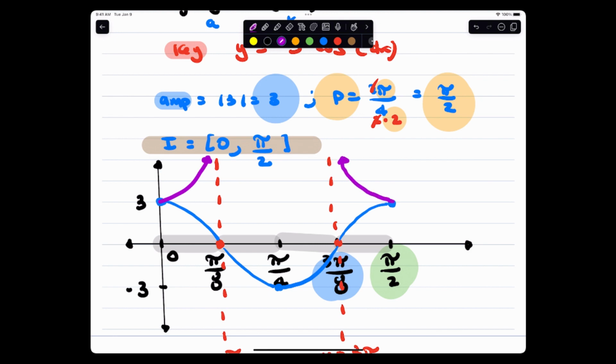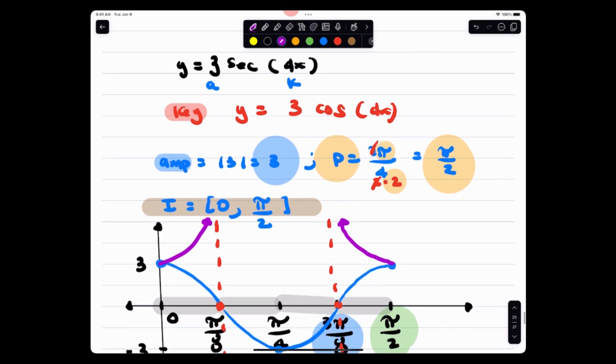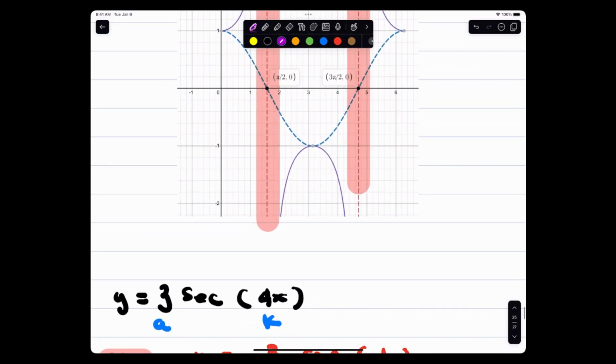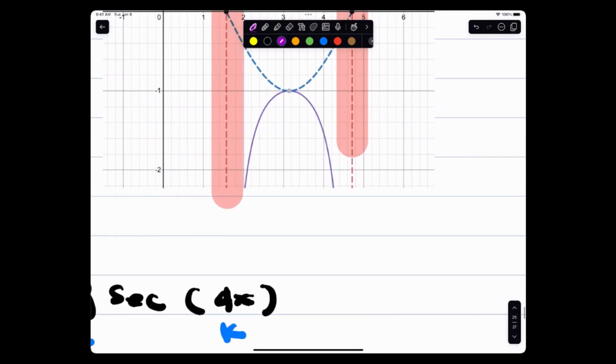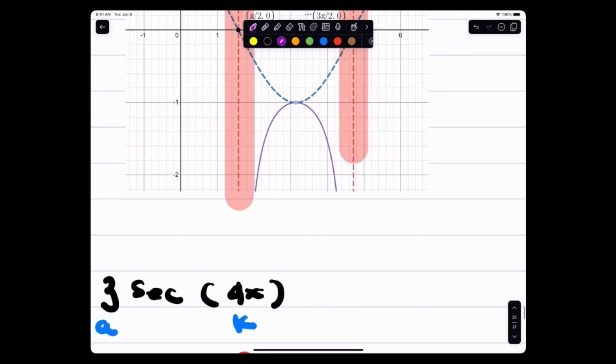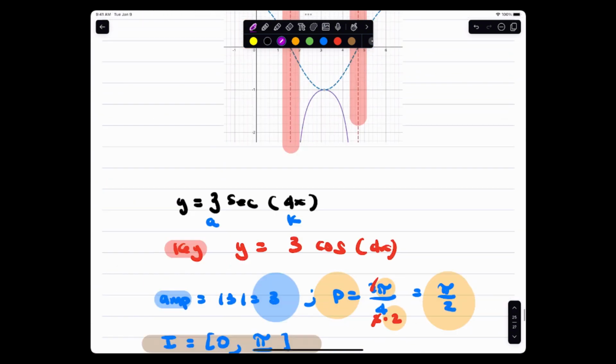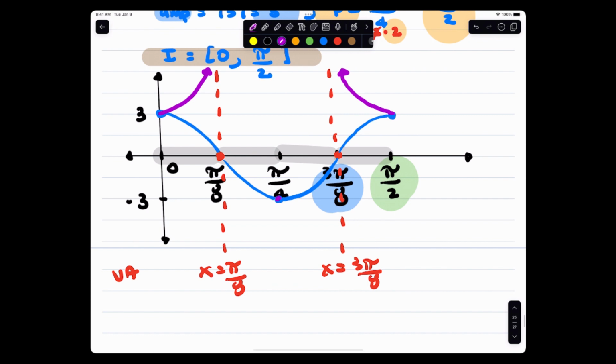Are those the horns? Now draw the what? The upside down parabola. Make sure you don't cross the vertical asymptotes. So here you go, ladies and gentlemen. You're down here. You're going down here.